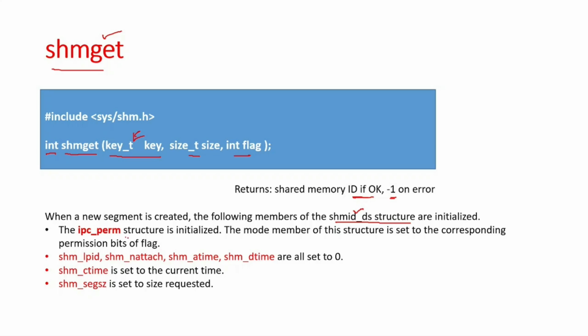The IPC permission structure is initialized, and the mode member of the structure is set to the corresponding bits of the flag that is mentioned here. Obviously, permissions need to be assigned, right? The mode, in the sense of read-write permissions and read-only permissions for different processes, will be set based on the mode value, and what value the mode gets is based on the flag value that we pass as the third argument to this function.